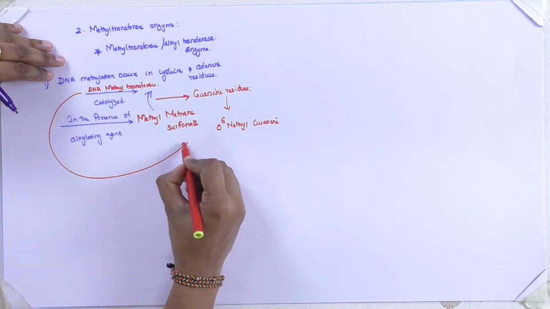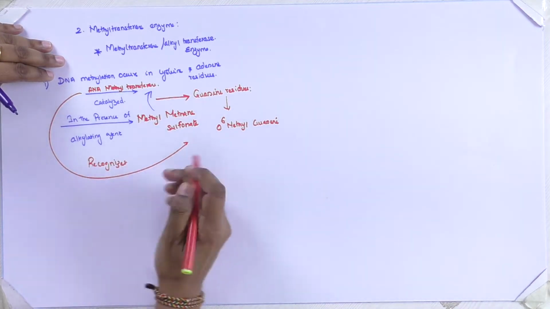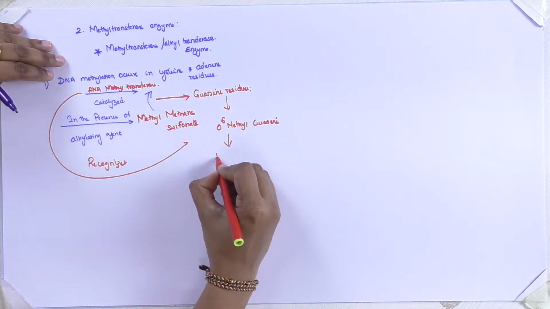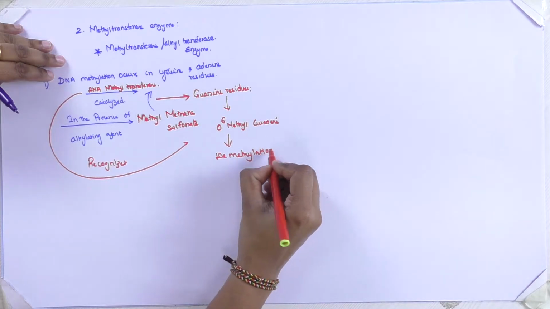So now the DNA methyltransferase enzyme, which was catalyzing the reaction between cytosine and adenine residues, recognizes the O6 methyl guanine and performs demethylation, that is removal of the methyl from the guanine.